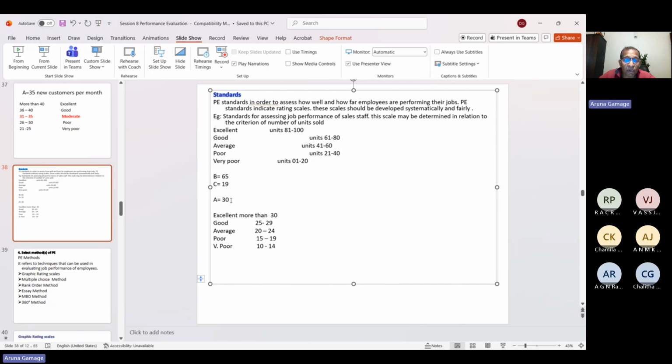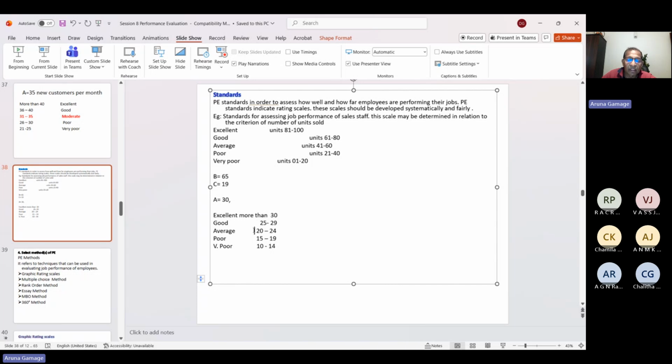Now, what is the level of performance of A? Good. Yes, it is excellent, more than 30. As he has created 30, we can say excellent, including 30. Right.